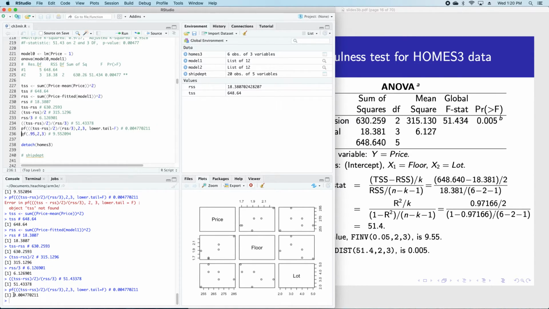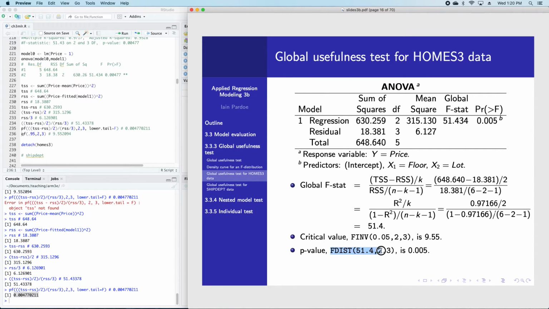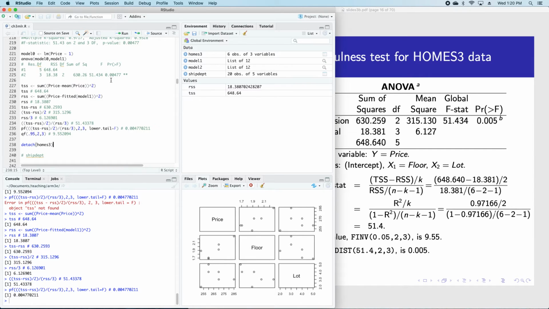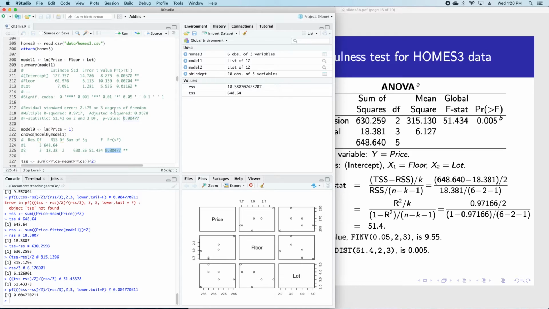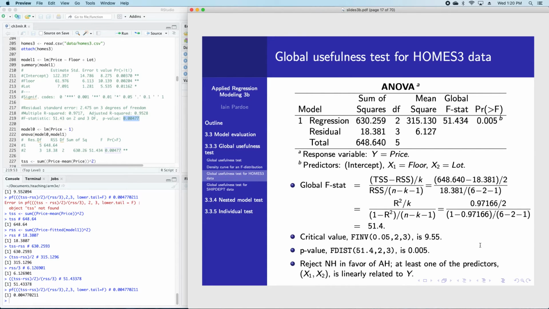There we go. So there's the p-value there using the pf function. And again, this is from Excel. So either way we get 0.005. Or easier still is just read the number off the output, this number here, 0.00477. So we reject the null in favor of the alternative. At least one of the predictors is linearly related to y.